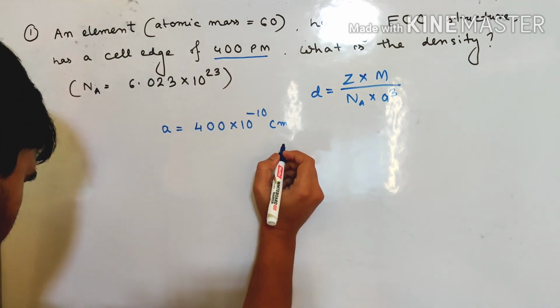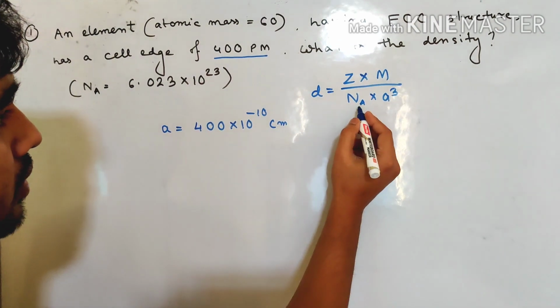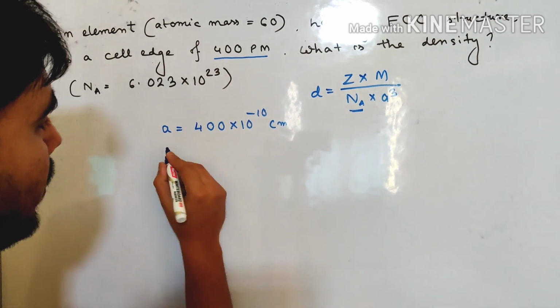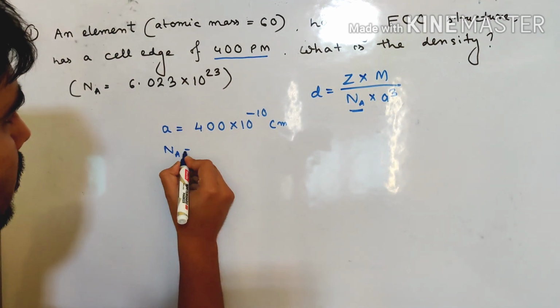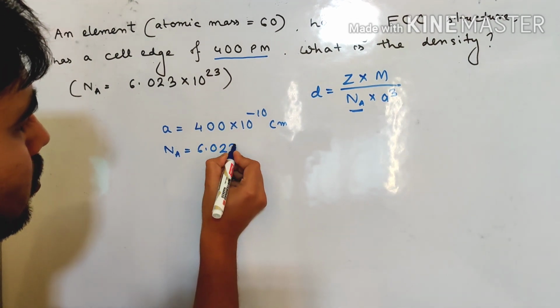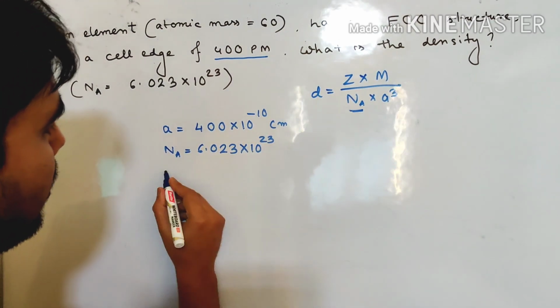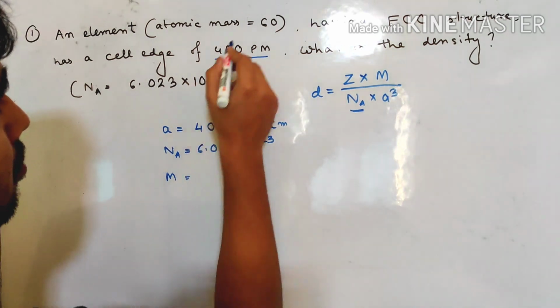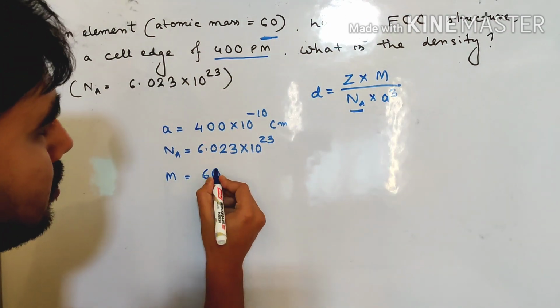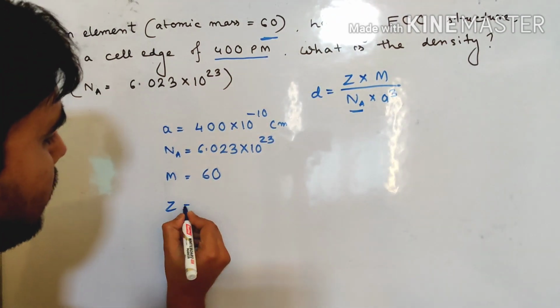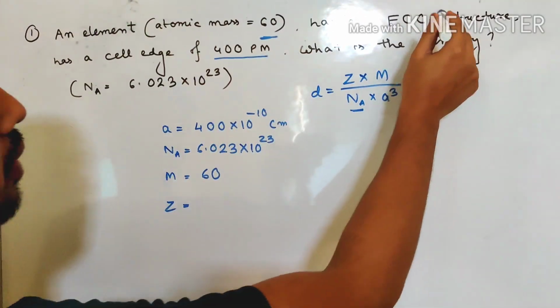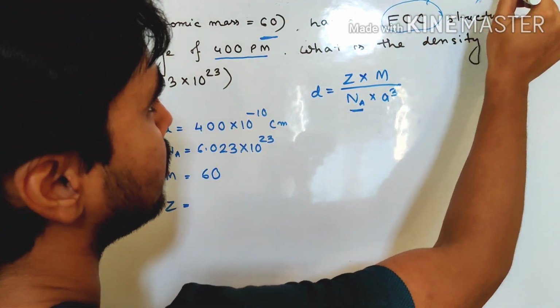That we can see. Now we have been given the value of NA, which we all know is 6.023 into 10 to the power 23. Now M, atomic mass is given as 60. Z, what should be the Z value? Here it is FCC structure, so it should be 4.